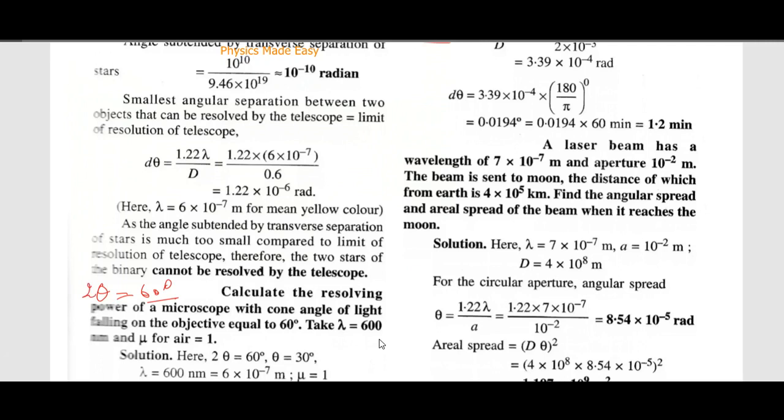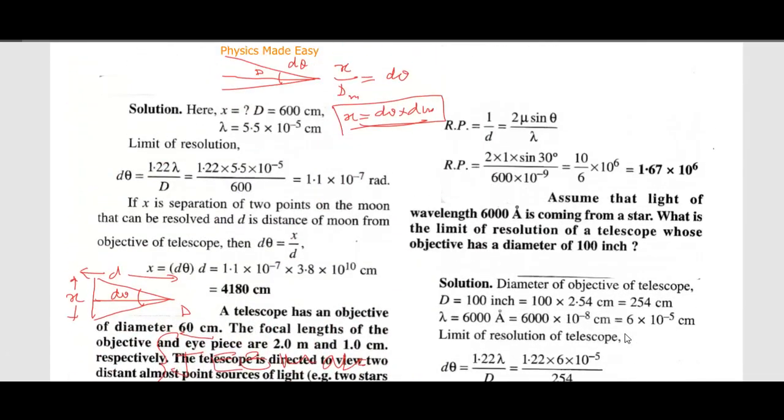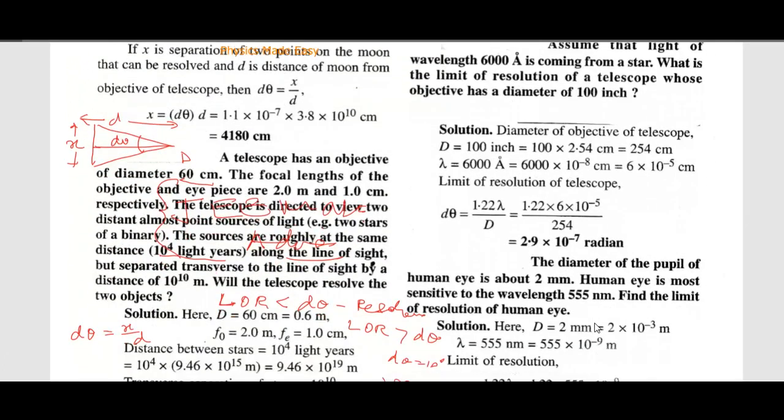It is 2 theta and theta comes out to be 30 degree. This is the only catch point of this question. Otherwise, it's quite simple, and such questions can be asked in JEE mains. We can easily find out the resolving power.